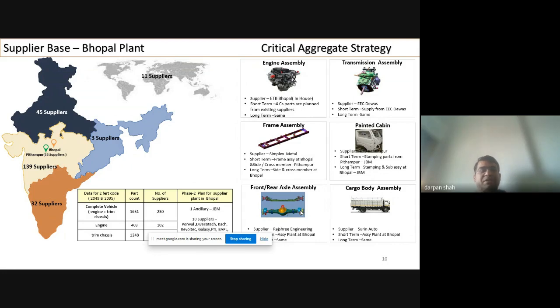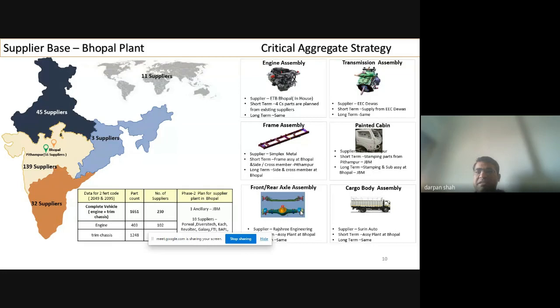The more important thing is that the supplier base, as you can see, is distributed nationally in different zones as well as internationally, like import content is also there for any vehicle manufacturing. So this is basically the mapping that first needs to be done for having a very lean supply chain system in place.